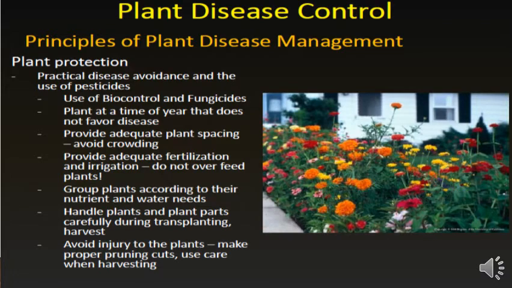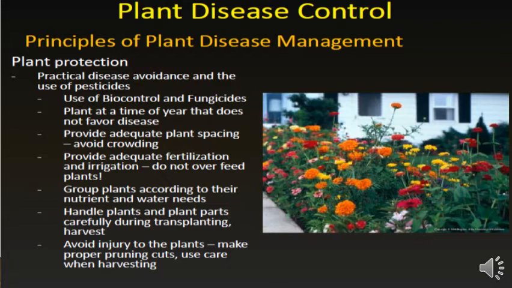The third strategy in plant disease control is plant protection. These principles depend on establishing a barrier between the pathogen and the host plant or the susceptible part of the host plant. It is usually thought of as a chemical barrier, for example, fungicides, bactericides, nematicides, but it can also be a physical or temporal barrier.